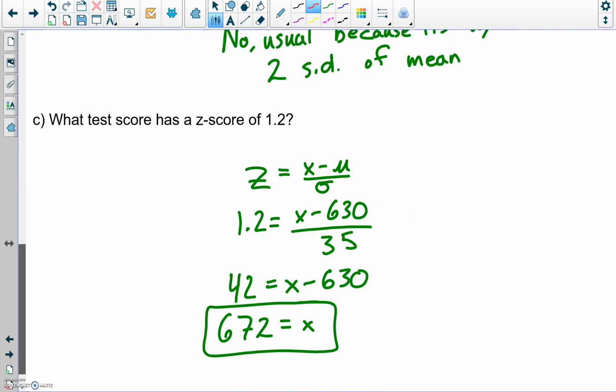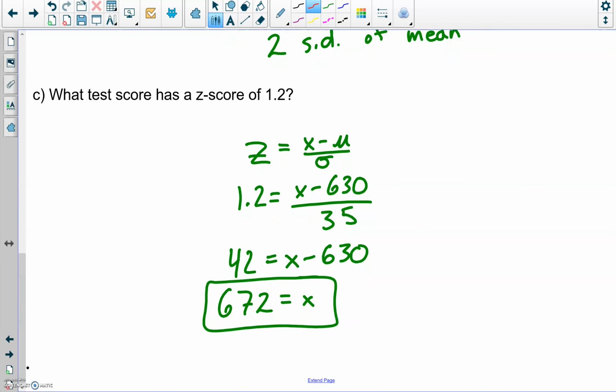And then the last one here, this one changes up a little. They gave you a z-score of 1.02 and they were looking for the x. This was the thing we didn't know. So they gave me the z-score here. They still had the same mu, the same sigma, and then we're solving using some algebra skills here for that x.